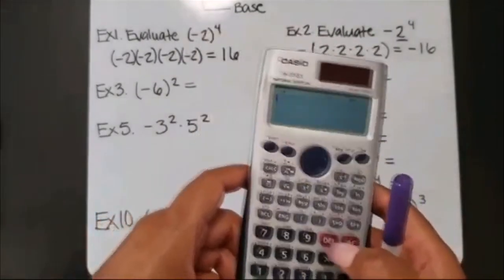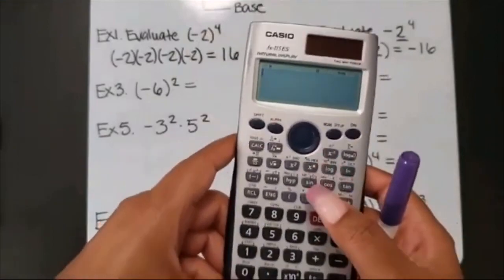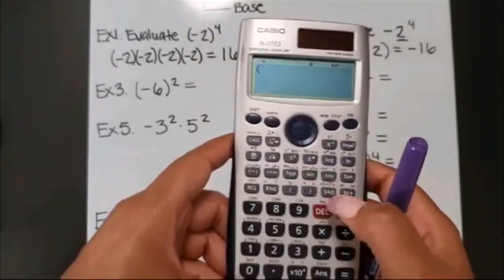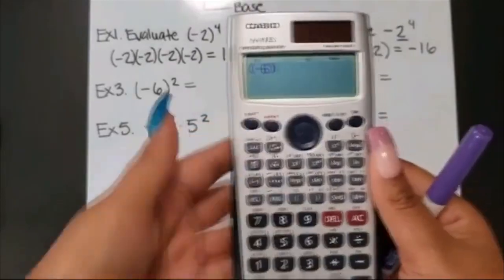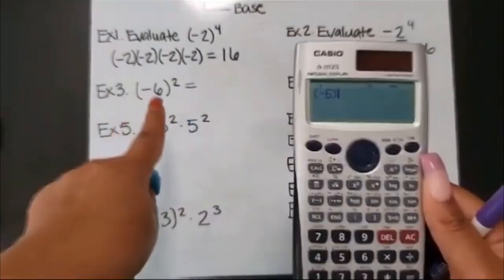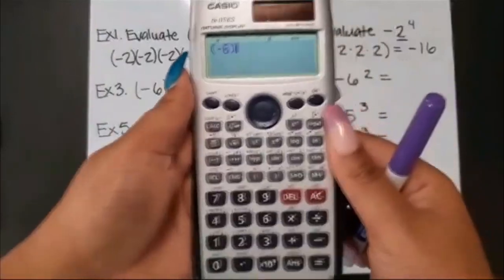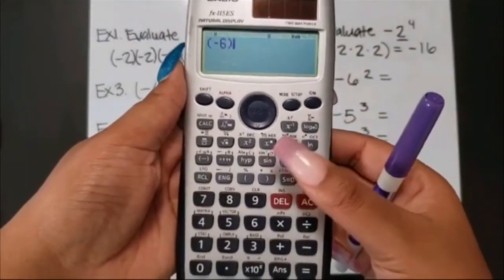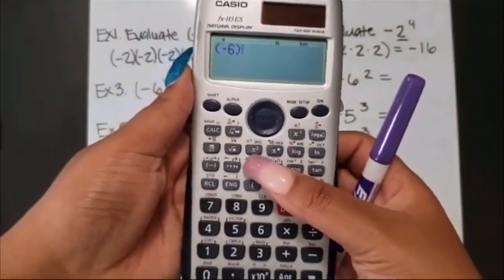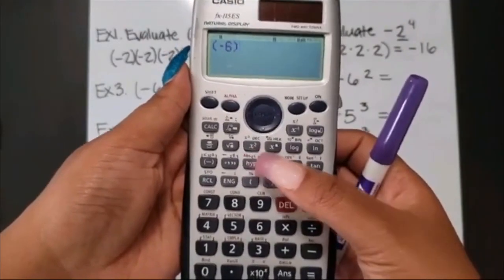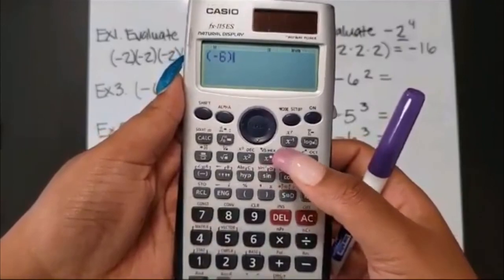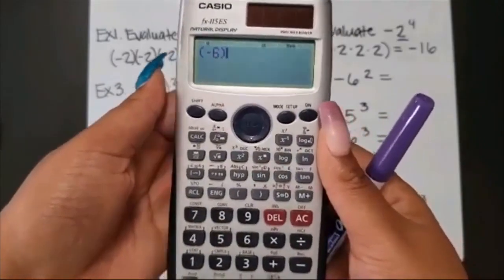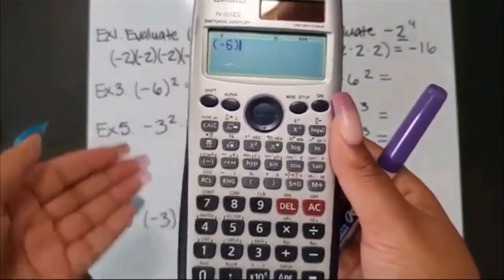So we can use our calculator. So I'm going to open parentheses and put negative 6 in here because that's what it says on the board. And on my calculator, I have this button to square something, and then I have this button to raise something to another number other than 2.